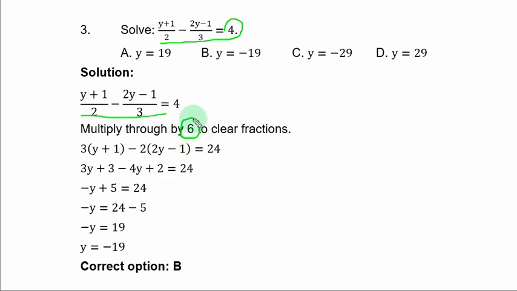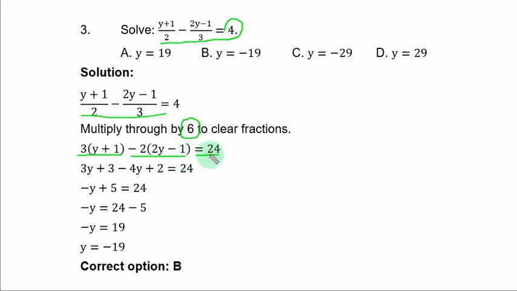If you multiply the first term by 6, you are left with 3 multiplying y plus 1. If you multiply the second term by 6, you are left with 2 into 2y minus 1. You multiply the right hand side by 6, you have 24.